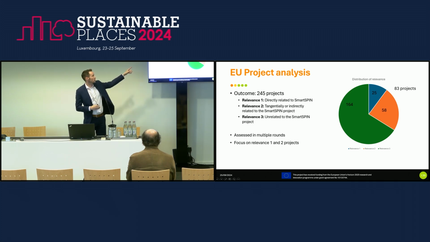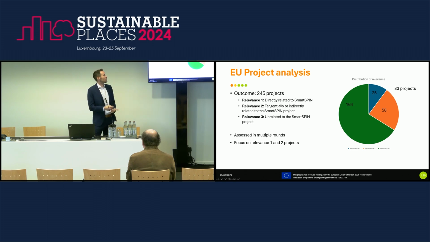So relevance 1 is the one that are directly related to the SmartSPIN project and are most relevant for our project and our communication and dissemination efforts. Then relevance 2, they are partially related or indirectly related to the SmartSPIN project. And then relevance 3, it's unrelated or not related enough to the SmartSPIN project.